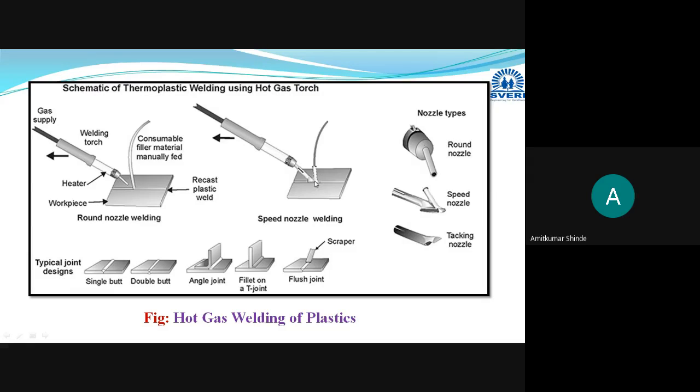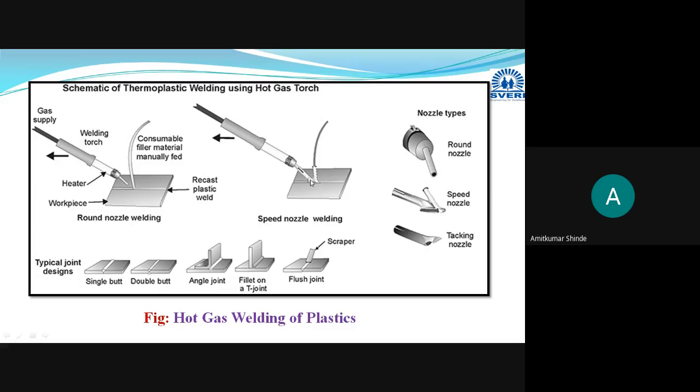The hot gases coming through the torch and nozzle provide heat to the workpiece, also known as the substrate or parent material, and simultaneously they will also melt the filler material.